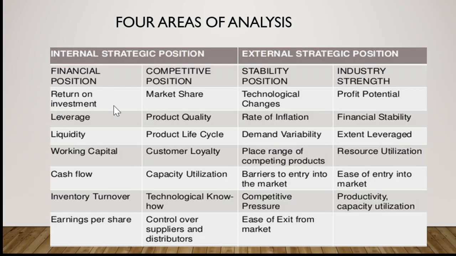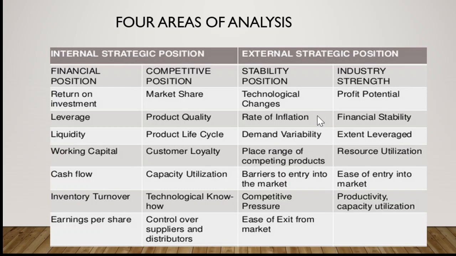Yung financial strength natin can be measured based on our ROI, return on investment, leverage, liquidity, working capital, cash flow, inventory turnover, earnings per share. For the competitive position, we can measure it based on the market share, product quality, life cycle, customer loyalty, utilization, technological know-how, and control over suppliers and distributors.